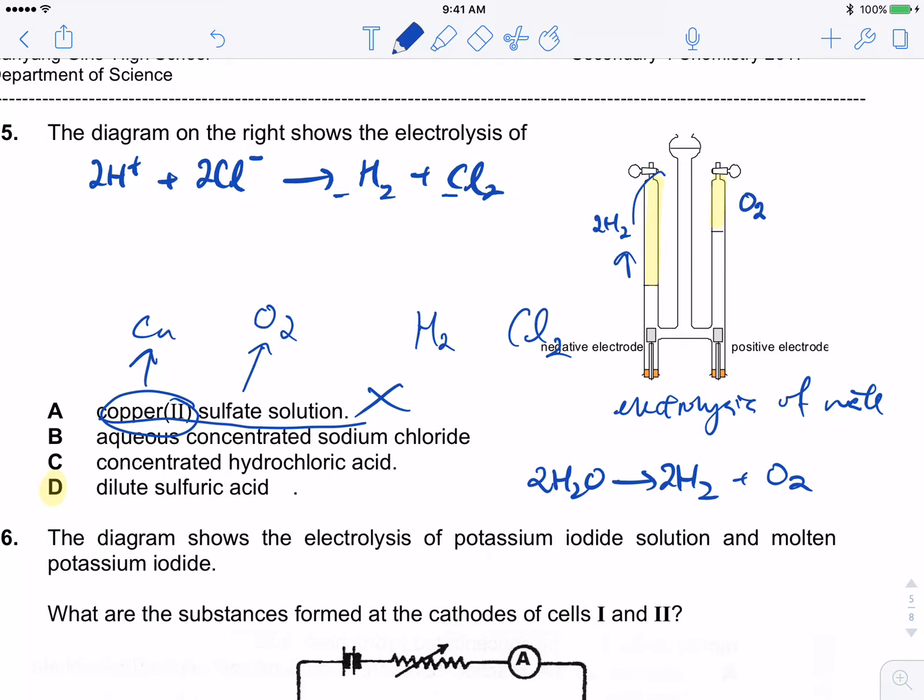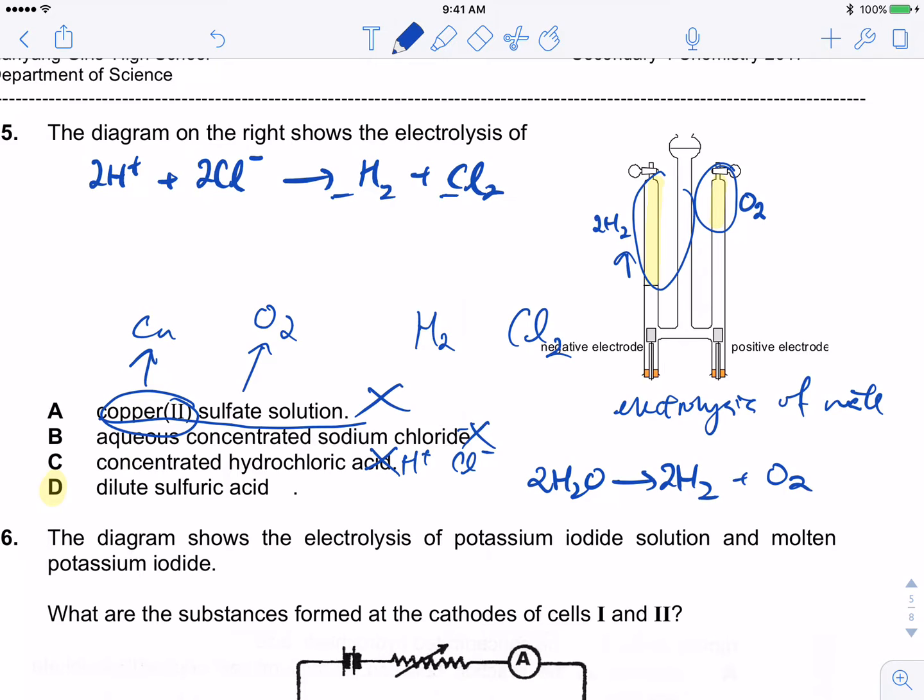So it is not what we see in this diagram here, therefore B is also wrong. Concentrated hydrochloric acid, again, I'll have H plus and Cl minus as the species being discharged. So again, I have a 1:1 ratio, which is not what is shown in the diagram. So C is wrong as well.